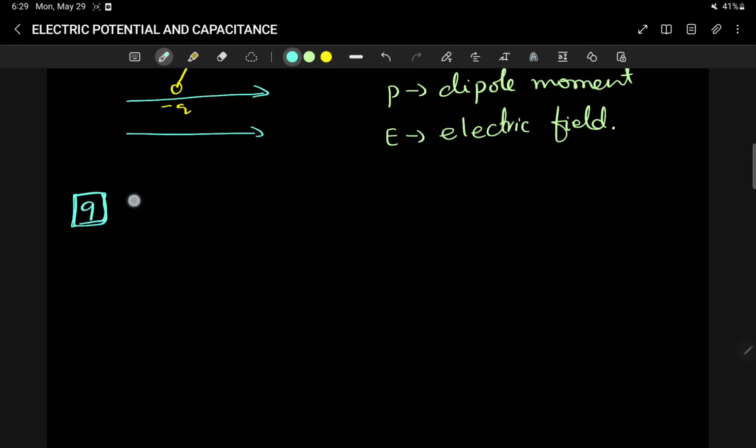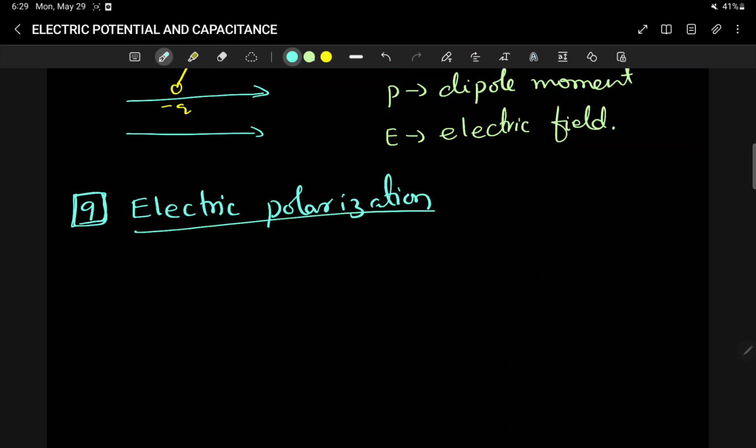I will only give electric polarization. Okay, see, if you have studied the concept of dielectrics, you get an idea about this. Electric polarization is directly dependent on electric field, and if you remove this proportionality sign, you will get a constant called chi. Okay, so this is represented by the symbol chi.